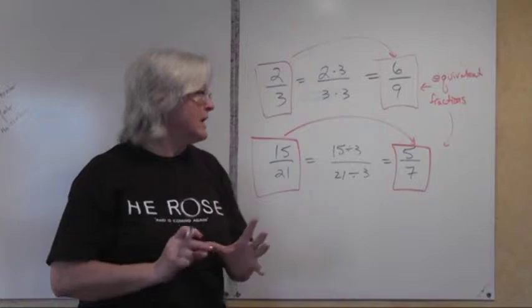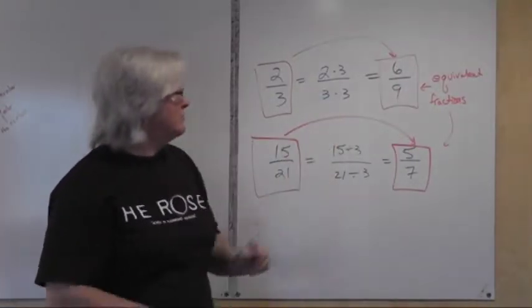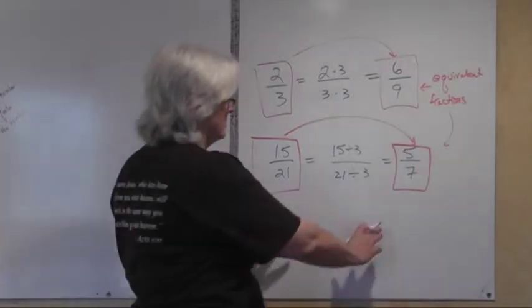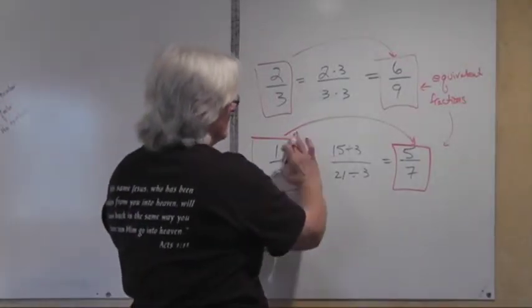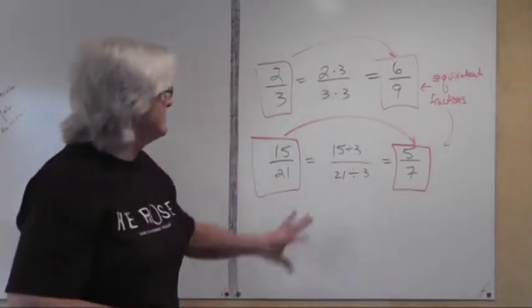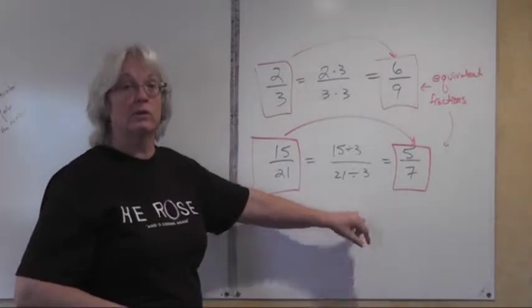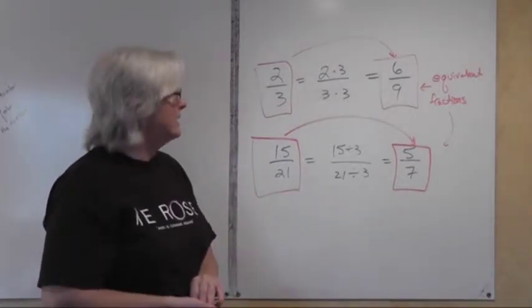So now we're going to see how we can determine if 2 fractions are equivalent. Right here, we know that 15/21 is the same as 5/7 because we divided both the numerator and the denominator by 3.